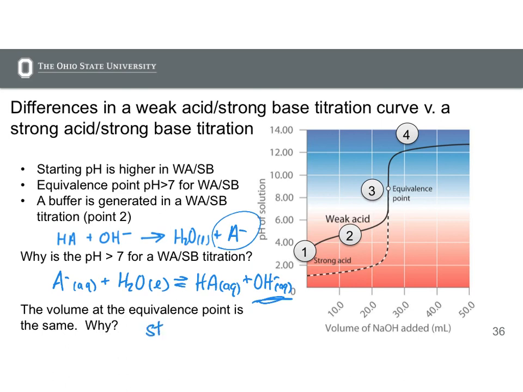They are stoichiometric equivalents, as long as we have a monoprotic acid. One HA will react with one OH minus, or one H plus from a strong acid will react with one OH minus.